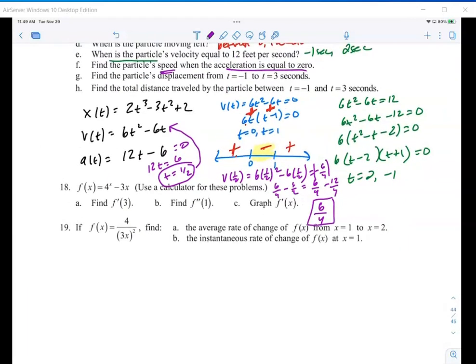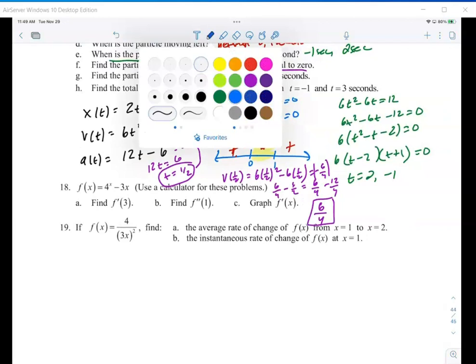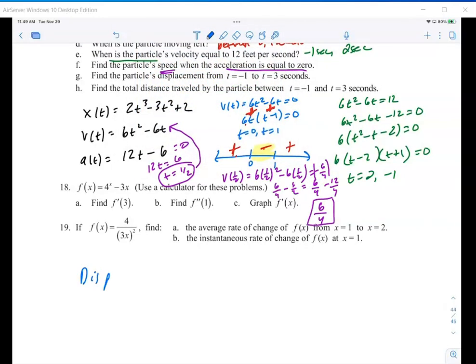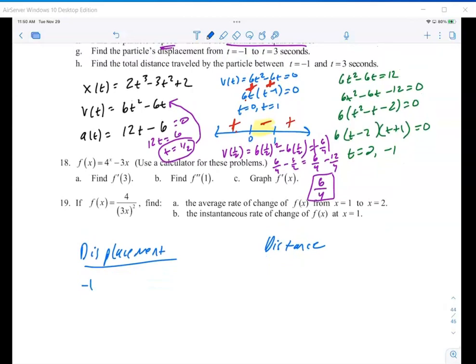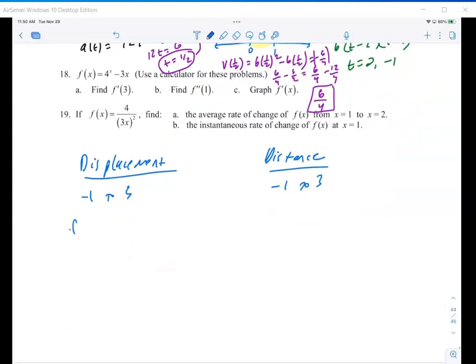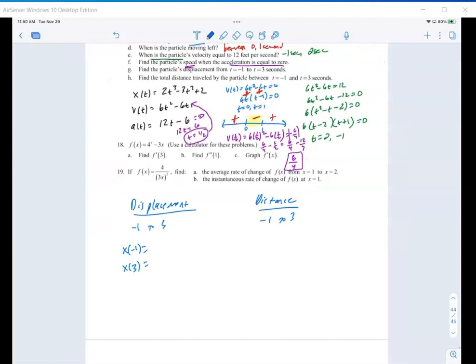Okay? Now, displacement and distance. We're going to go ahead and do both down here. The displacement from negative 1 to 3 versus the distance from negative 1 to 3. The displacement means I use x, find where my particle is at negative 1, where my particle is at 3, and how far apart they are.